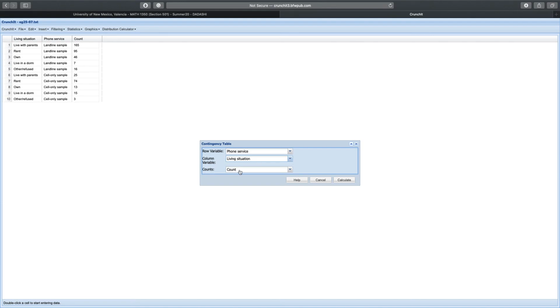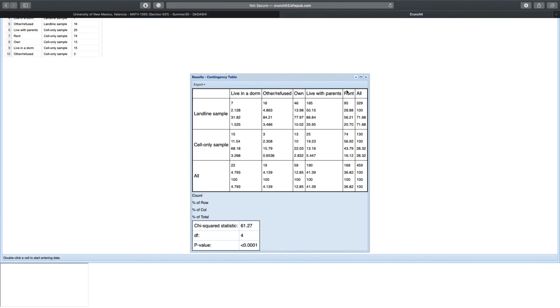So we choose count here and then calculate, and as you see, the columns are now living situation and there are 5 columns. If I had chosen living situation to be in the row, I would have 5 rows.